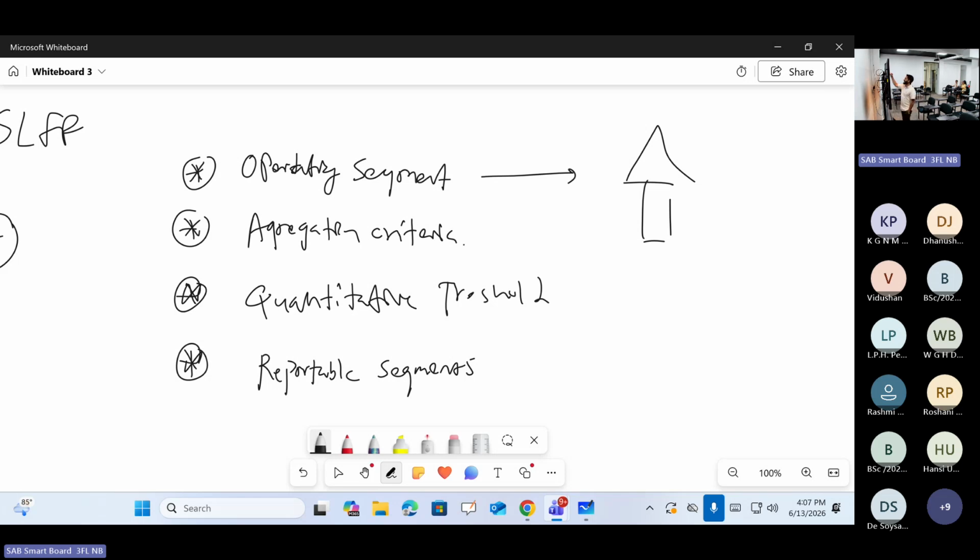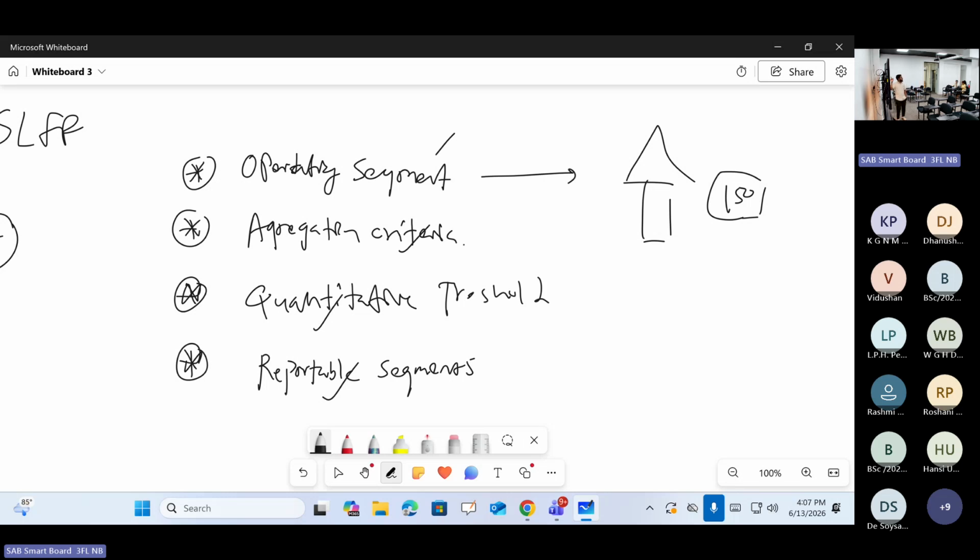Okay. So operating segments, aggregation criteria, quantitative threshold, reportable segments. Right. In an organization, you may have maybe 150 segments.